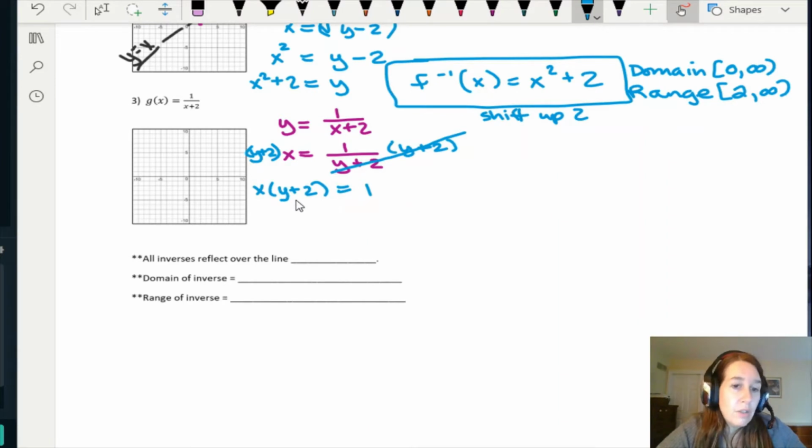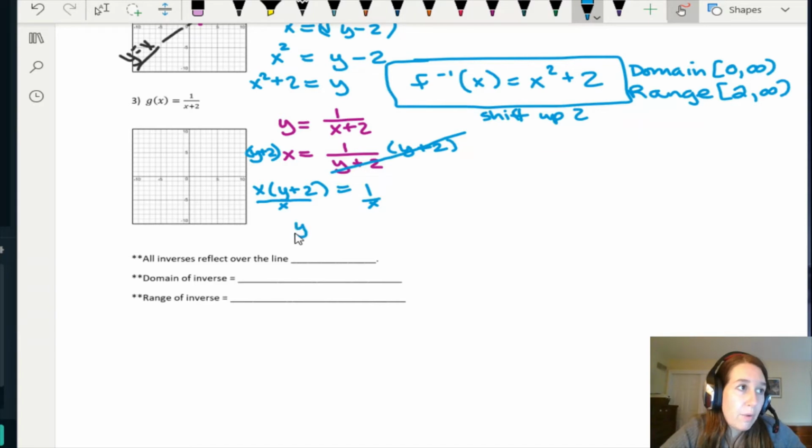Okay, so now notice that what we're trying to do is solve for this y. So we could multiply the x in. That's okay, but then we'd have to divide the x back out at the end. So I think what we instead want to do is divide both sides by x, right?